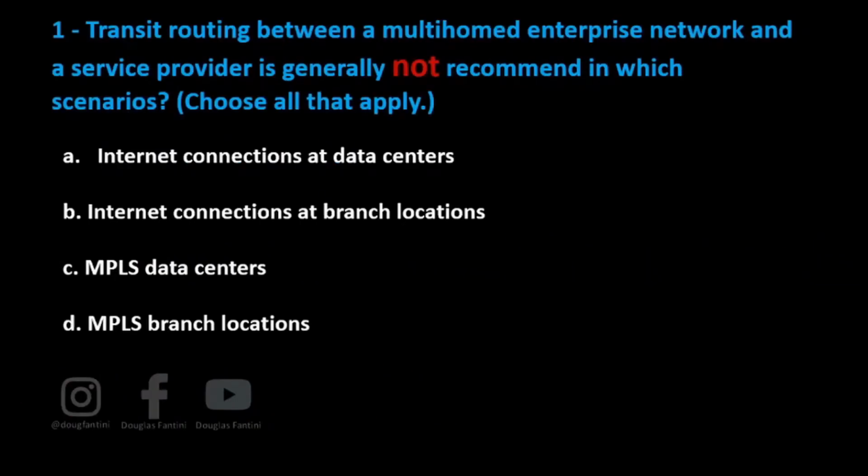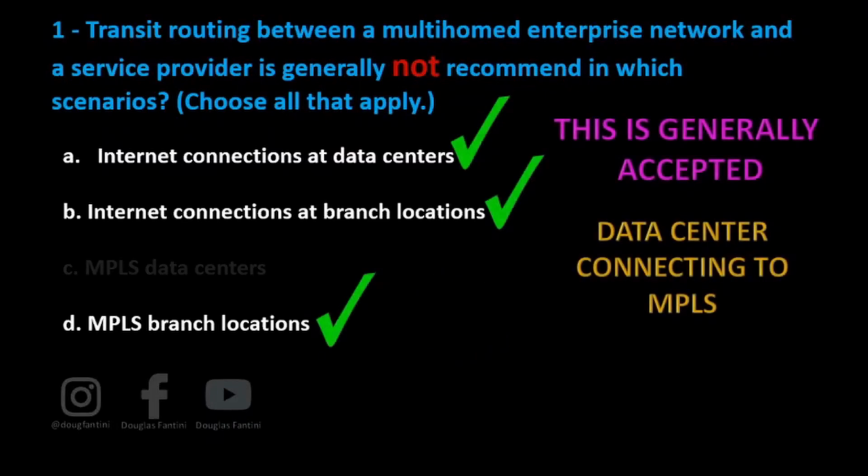Chapter 12, question number 1. Transit routing between a multi-homed enterprise network and a service provider is generally not recommended in which scenarios? Choose all that apply. And these are the correct answers because they are not recommended in this case, okay?